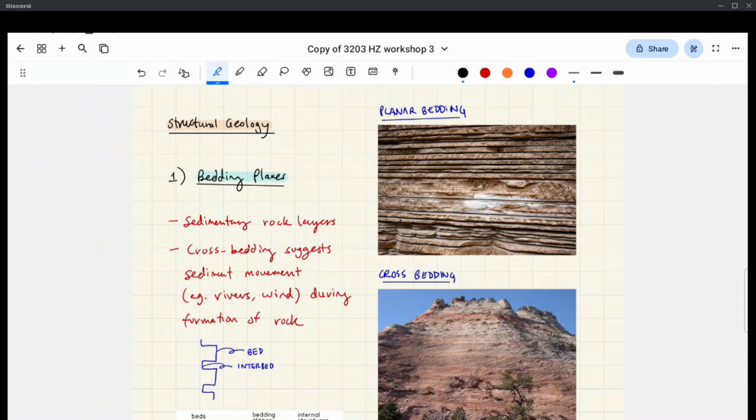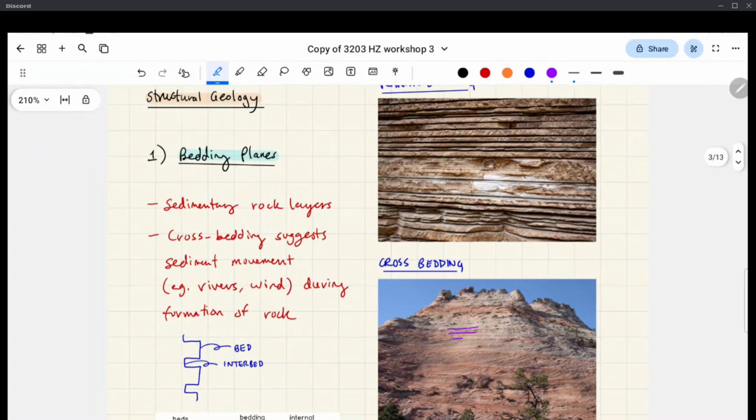Cross bedding: in the bottom picture here, I've just got an example of cross bedding. That's where you have the layers running in different directions, like that. And you can imagine why this might form. It could just be a change in the environment. Like there could have been a river or something that ran through here before, and then it causes the sediments to set in a certain way.